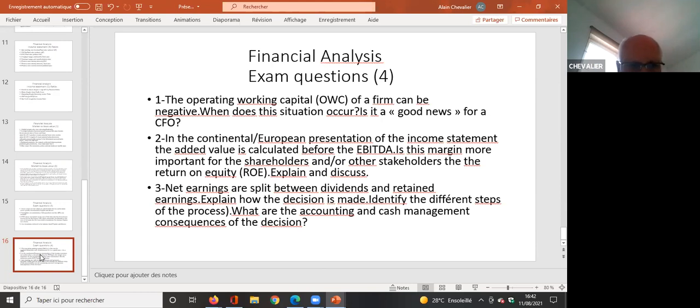So exam question 4, which is slide number 16 according to the PowerPoint system. The question is: the operating working capital, or WC, as you know, of a firm can be negative. When does this situation occur? Is it good news for a CFO?